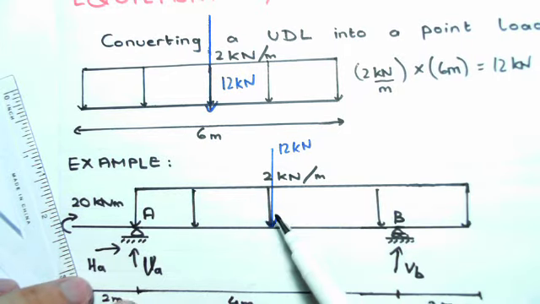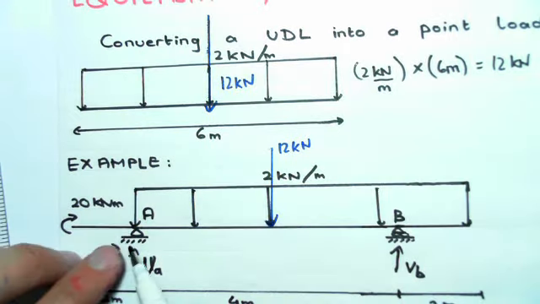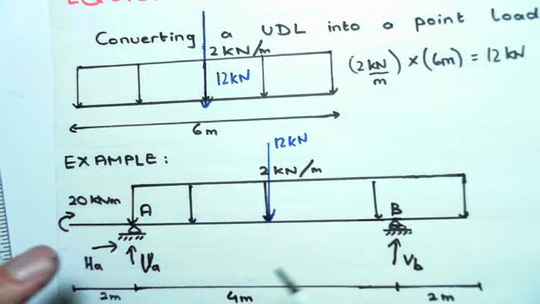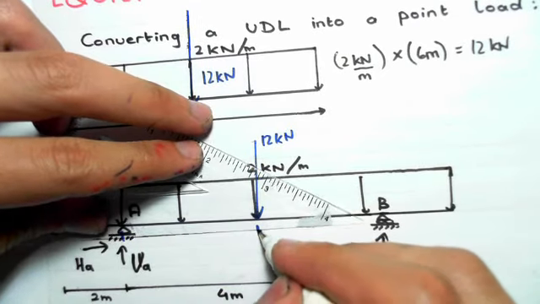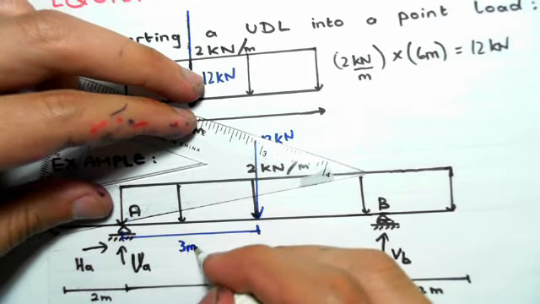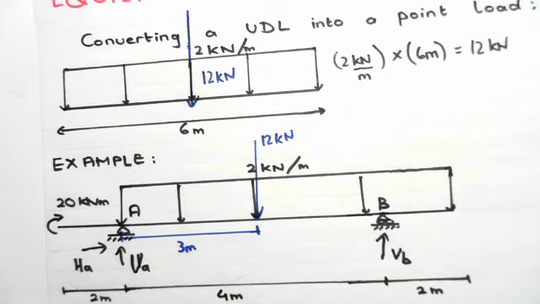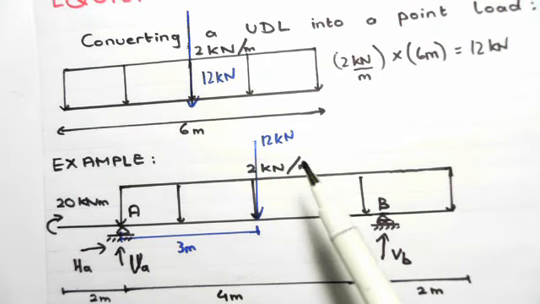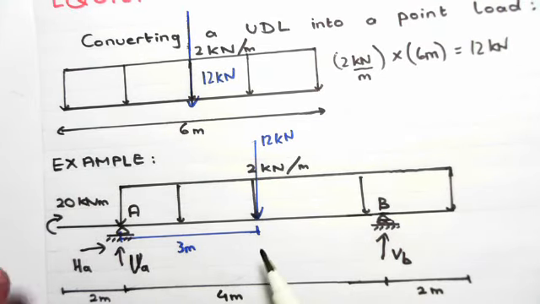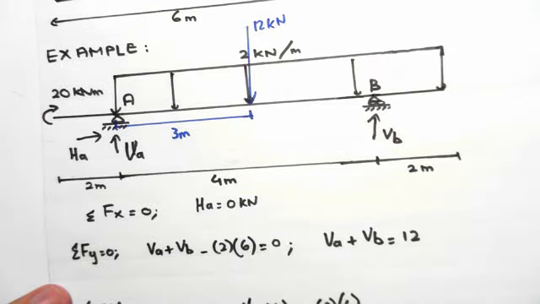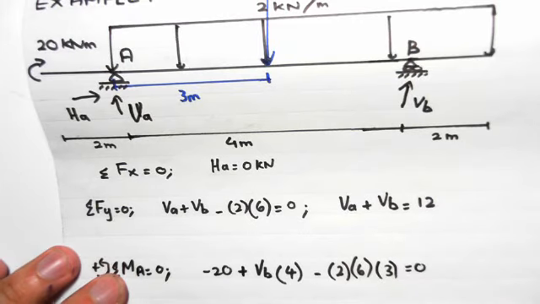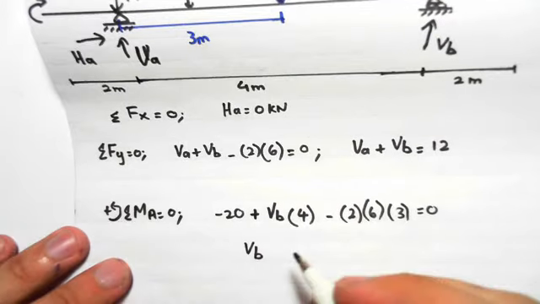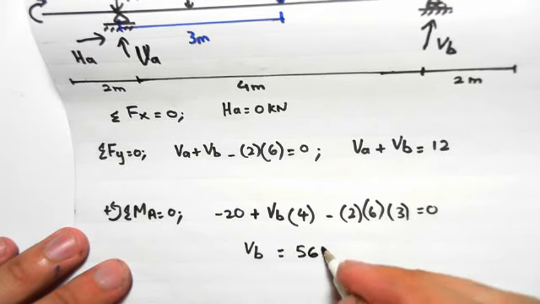Now since this force is 12 here, and we're doing this moment, the distance from here to the support is 3 meters. So the moment caused by the concentrated load which was created from the UDL has a perpendicular distance of 3. So minus 2 times 6 times 3 equals 0. Solving for this, we get VB equals 56 kilonewtons.